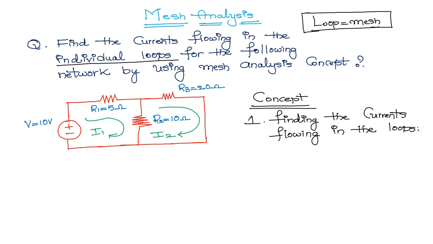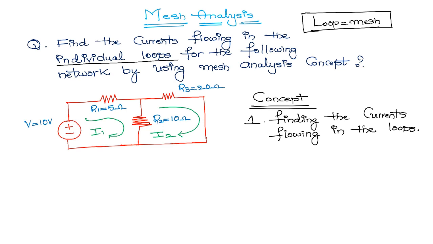For example, in this network we have two loops. This is a completely closed path and this one is also a completely closed path. It means we have two loops, so we are going to get two currents. In loop number 1 the current is I1, and in loop number 2 the current is I2. Now we need to find these two currents flowing in the loops.